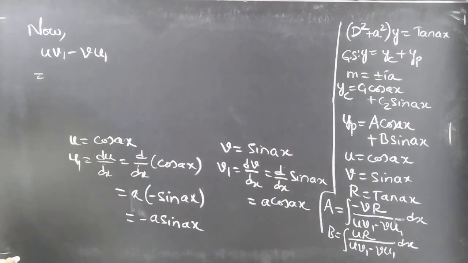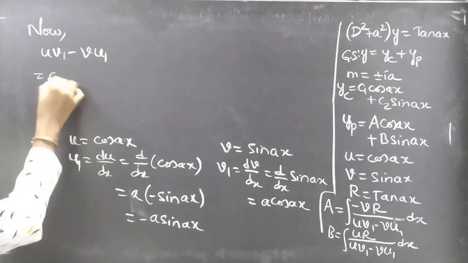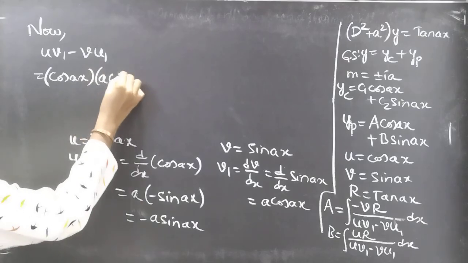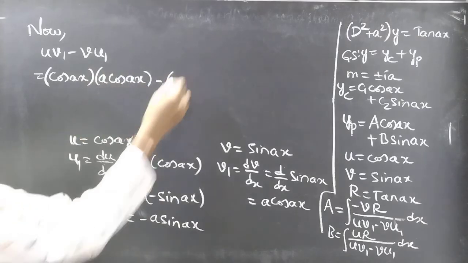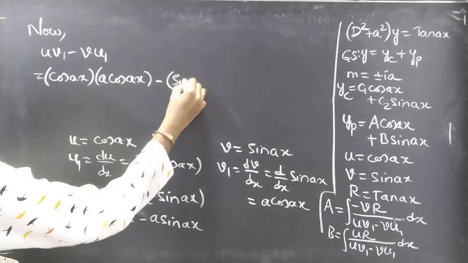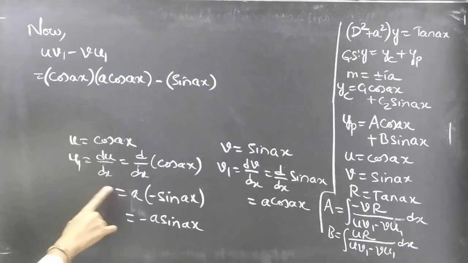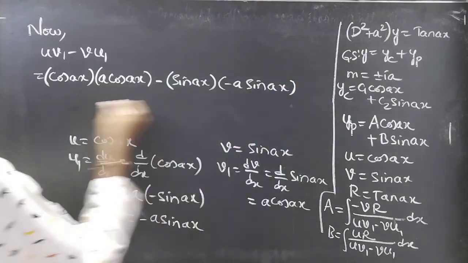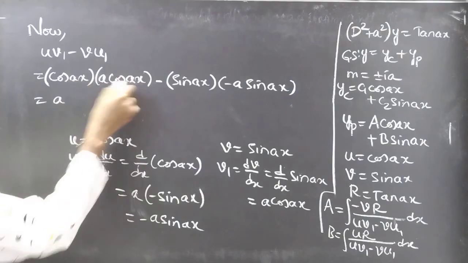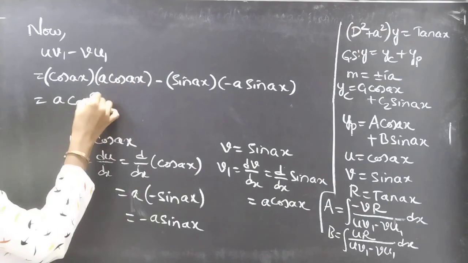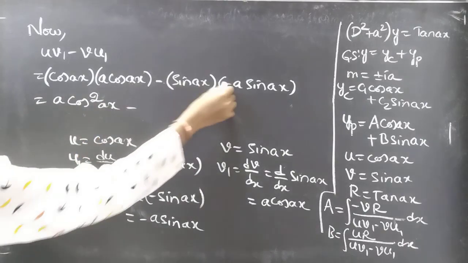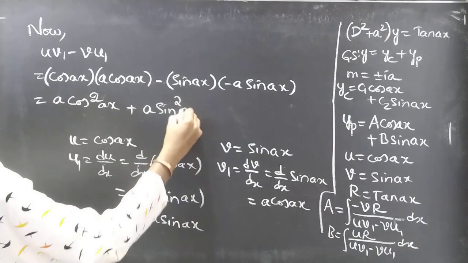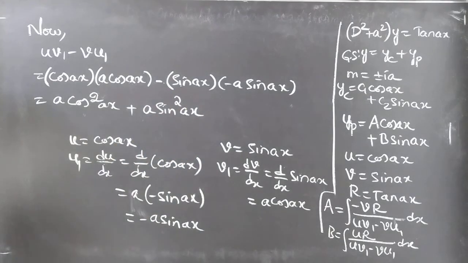Let's now find uv1 minus vu1. u into v1 is a cos ax, minus v, sin ax, into u1, which is minus a sin ax. This becomes a into cos ax is cos square ax, minus into minus plus a into sin ax is sin square ax.